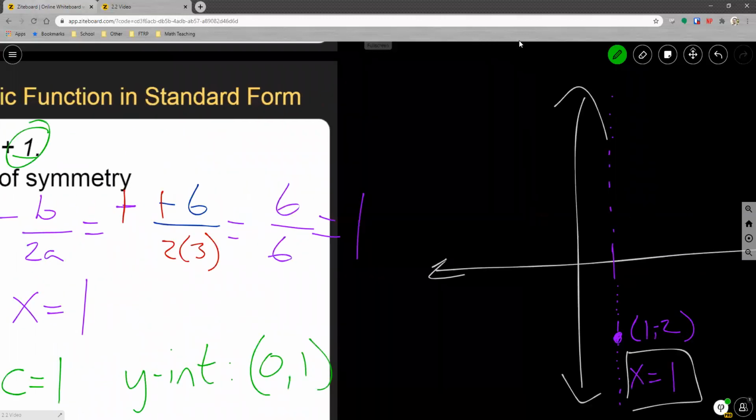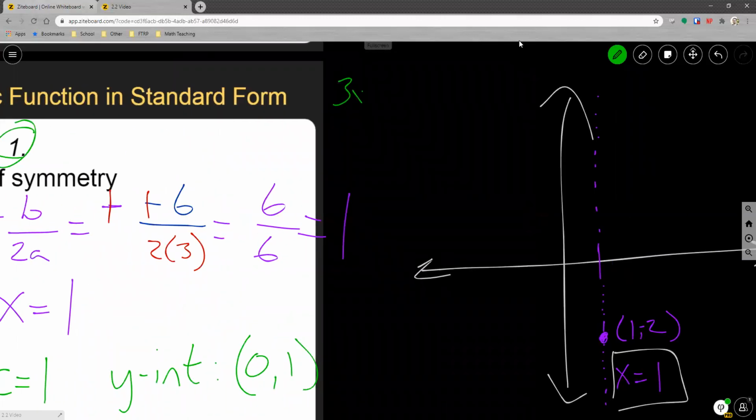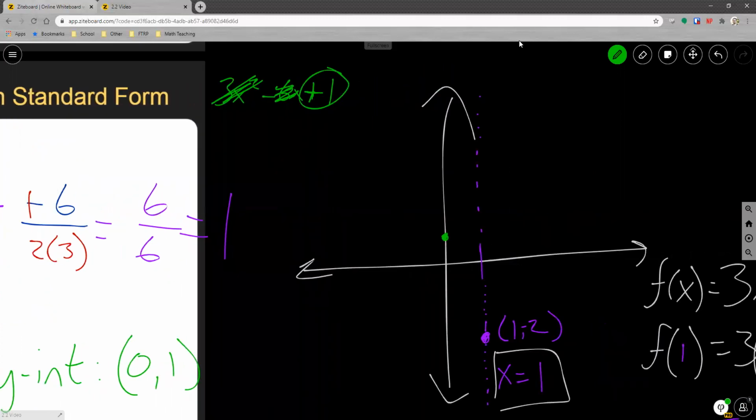And think about that again. If I've got 3x squared minus 6x plus 1, and I plug a 0 in for x, this becomes 0, that becomes 0. The only thing I'm left with is a 1. So if I plug a 0 in, my y value is going to be +1. So there's my y-intercept right there at 0, comma 1.